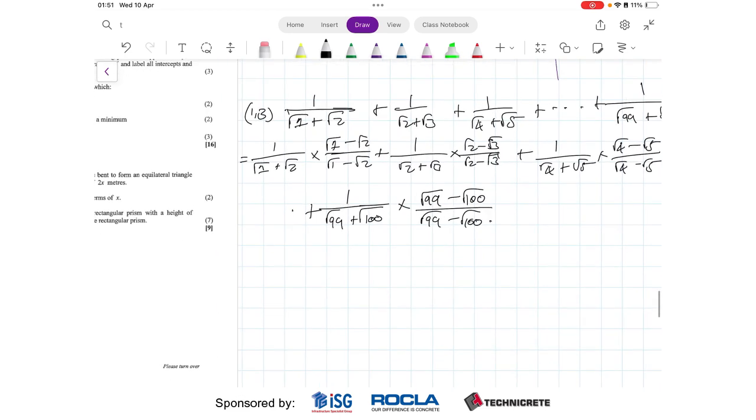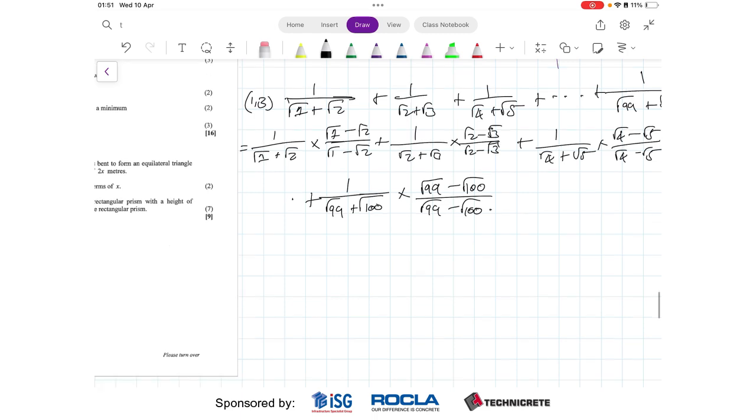So now here's the trick. If you look at the denominators, they come across as differences of two squares.